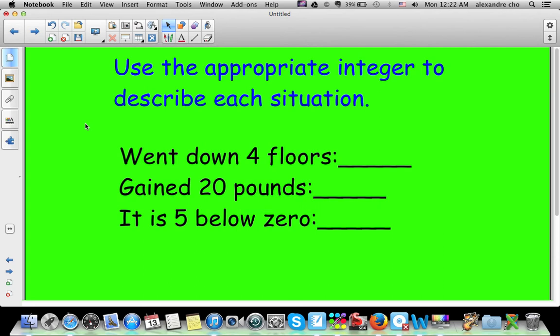All right, so went down 4 floors. If you're going down 4 floors, it usually means if you're going to use an integer, you would probably write, and let me pick a color here, -4. Okay, going down usually has a negative connotation. Gained 20 pounds. So if you want to describe that situation using integers, you would write +20.